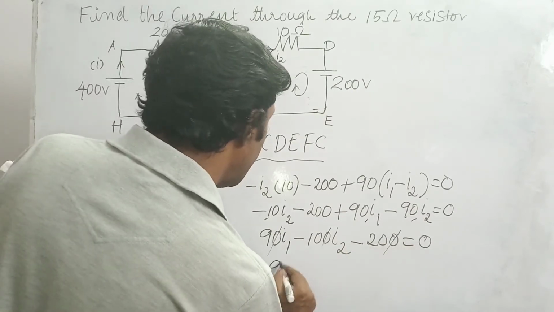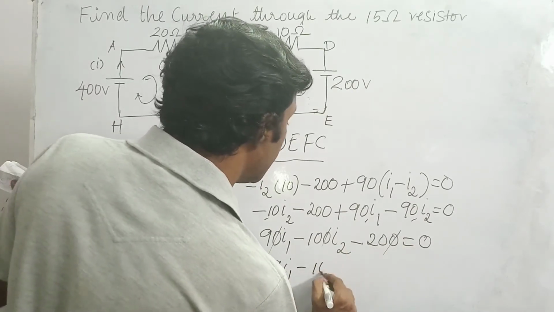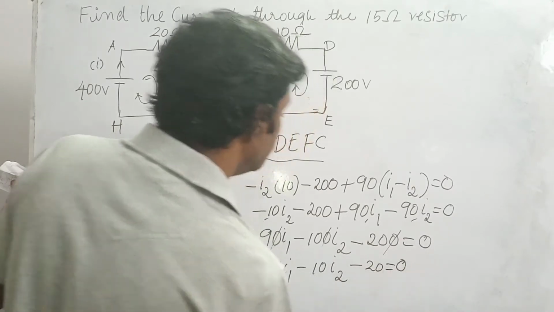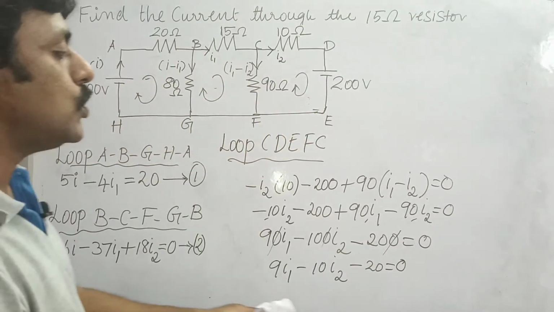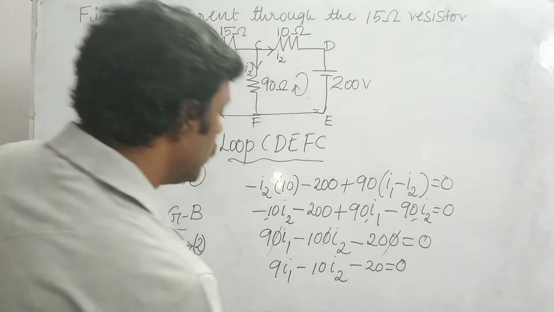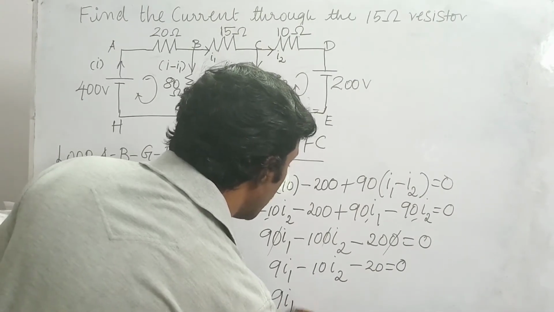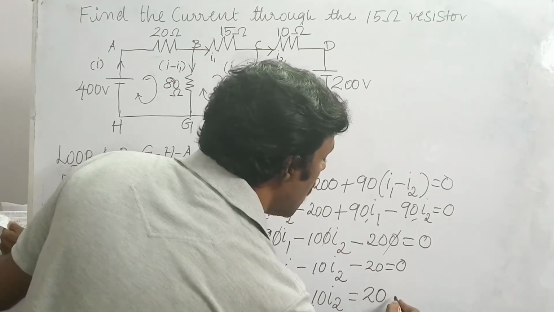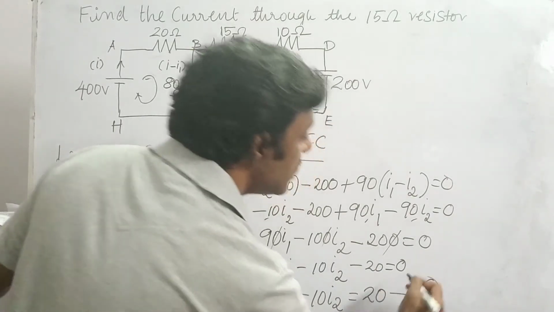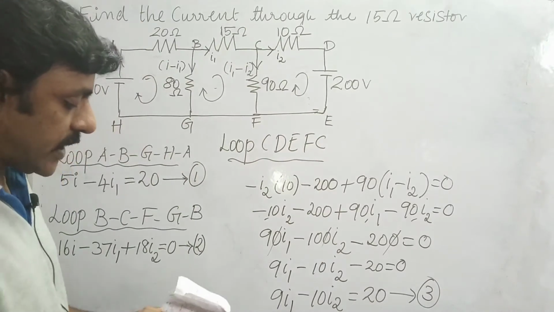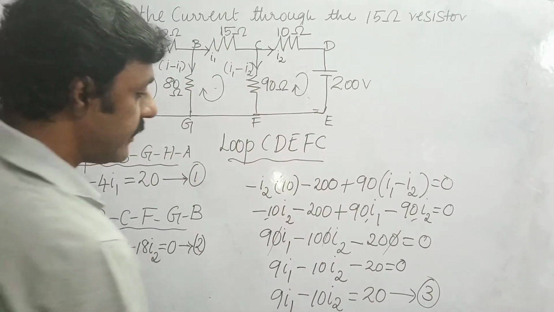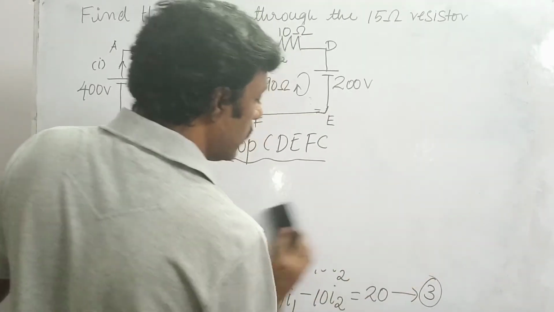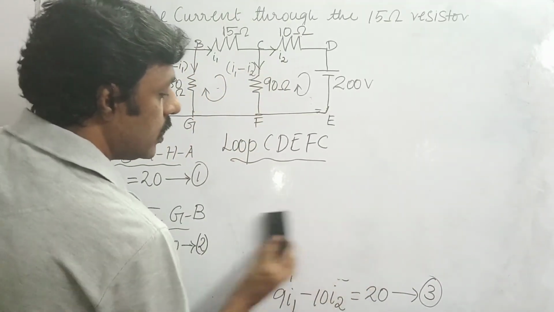So the value will be 9I1 minus 10I2 minus 20 equal to 0. So I am taking this as 9I1 minus 10I2 equal to 20. I am considering this as equation number 3, which is the required equation for loop 3.